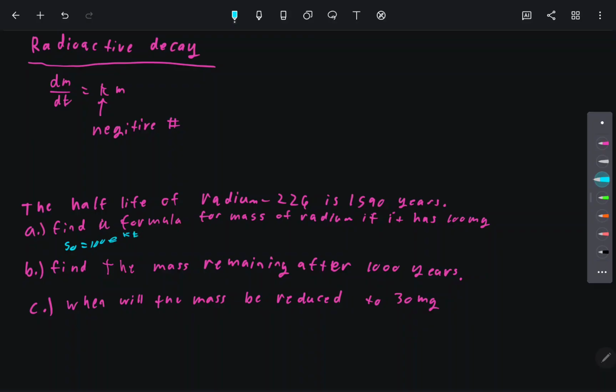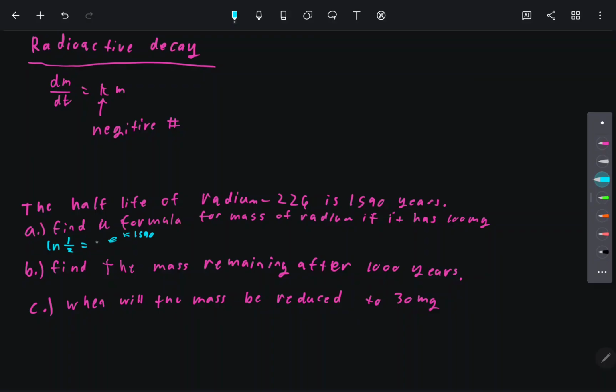Alright. We actually know that this t that we're using is 1,590. So now what we need to do is divide this 100 to the other side, if you follow, and we get 1/2.